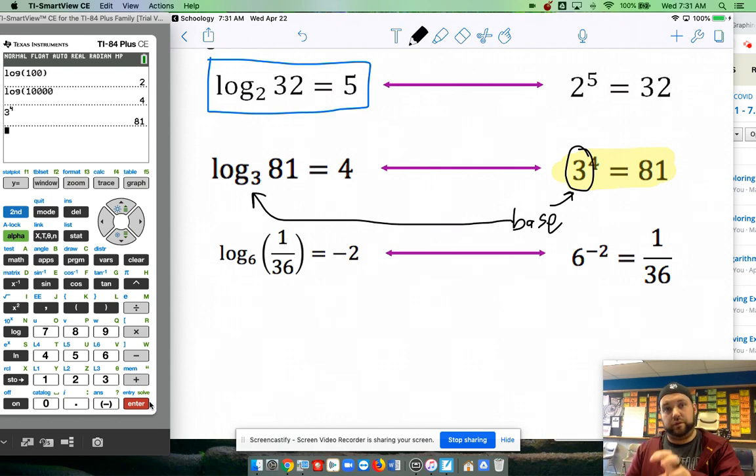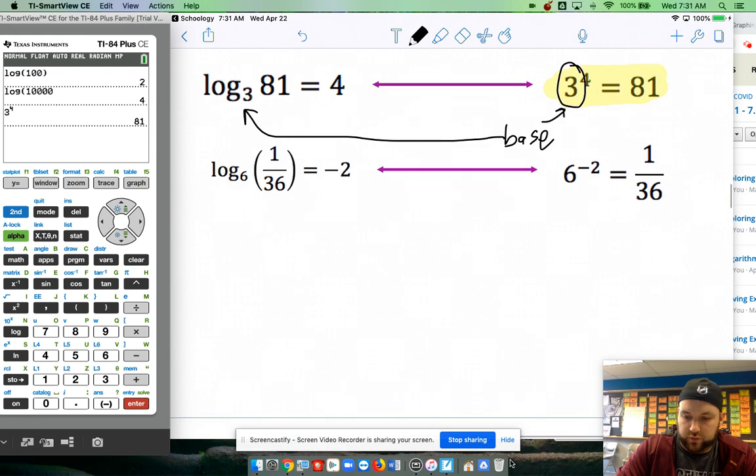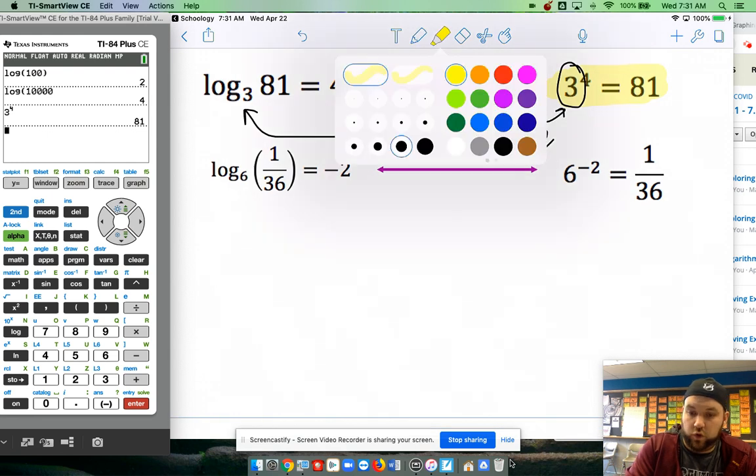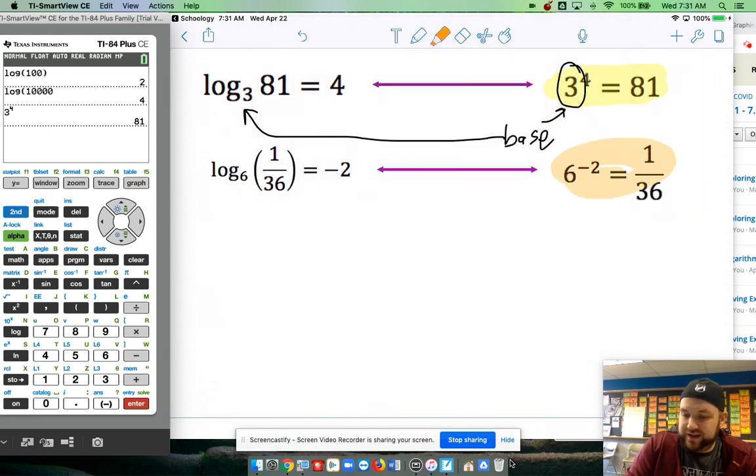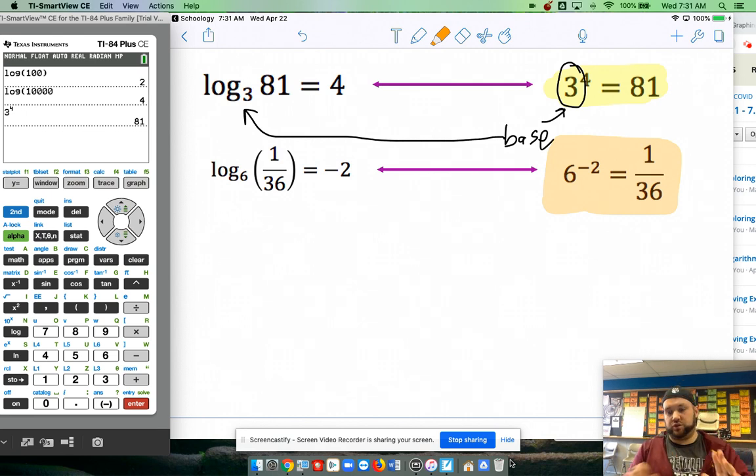In 3 to the 4th, the 3 is the base number, and then the small number with the logarithm. So log base 3 of 81 equals 4. For a third example, 6 to the negative 2nd power is equal to 1 over 36. I could rewrite that and say log base 6 of 1/36 is equal to -2. It's really just rearranging those parts.